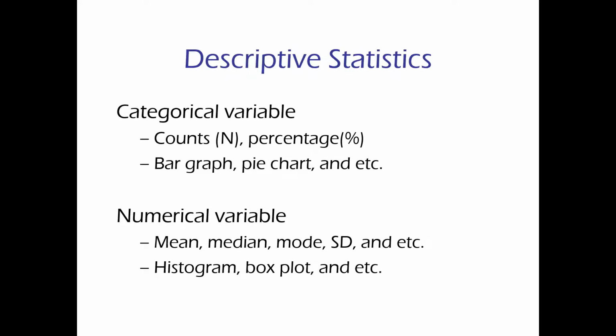We use different statistics to describe the two types of variables. For categorical variable, we can use counts and percentage to show how subjects are distributed among different categories.